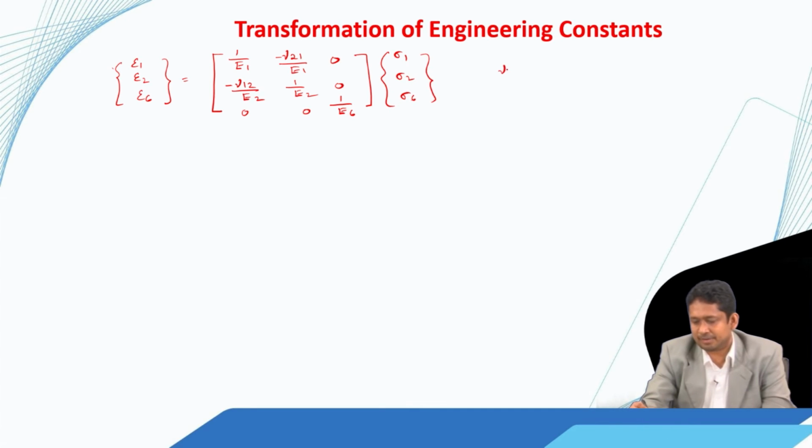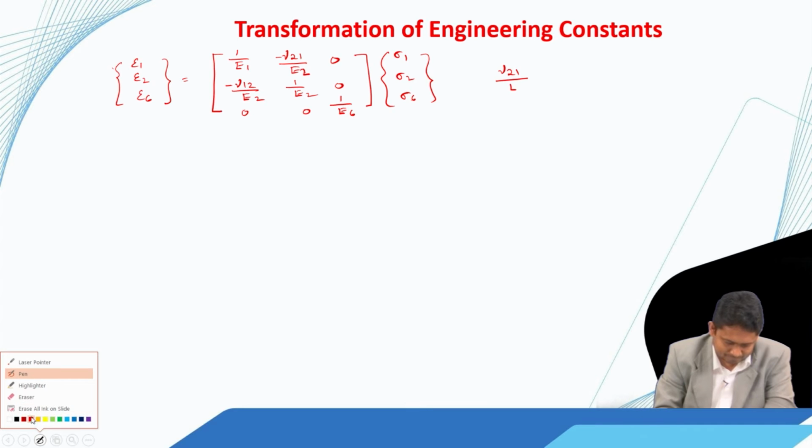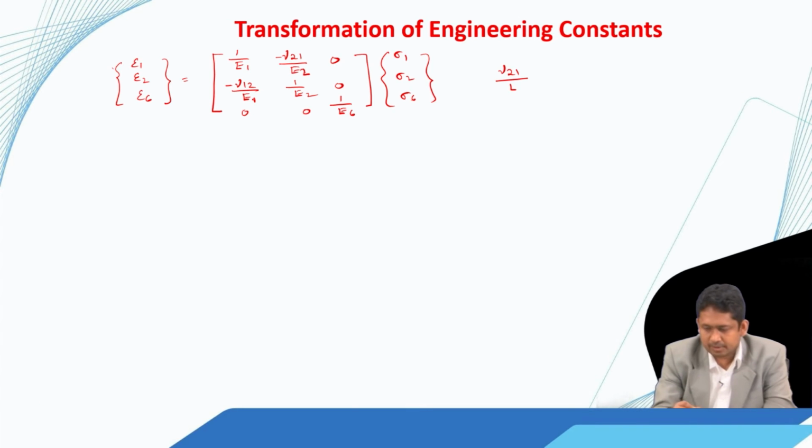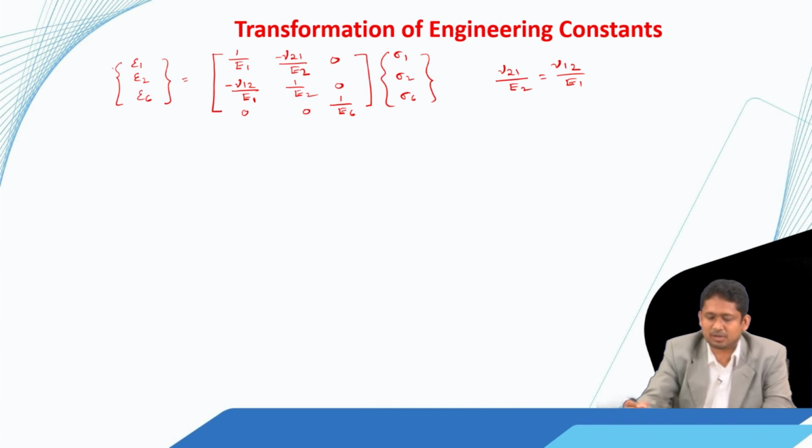Also we have here nu 21 by E2 and this is E1. So, nu 21 by E2 is equal to nu 12 by E1.